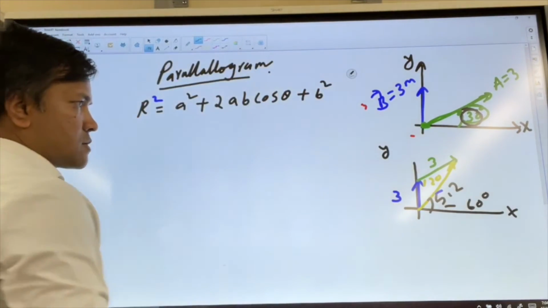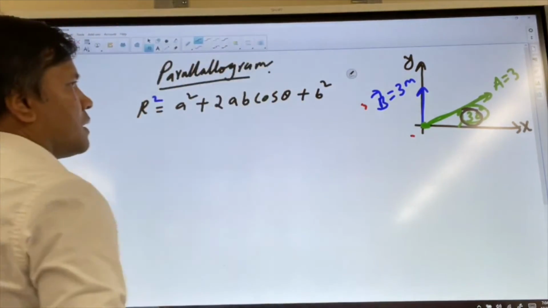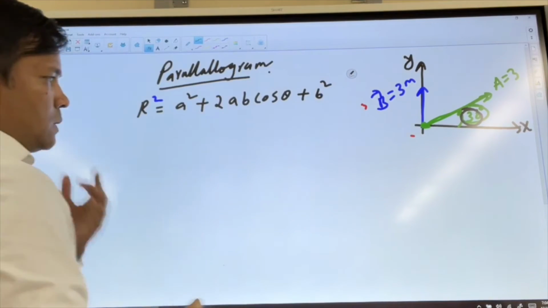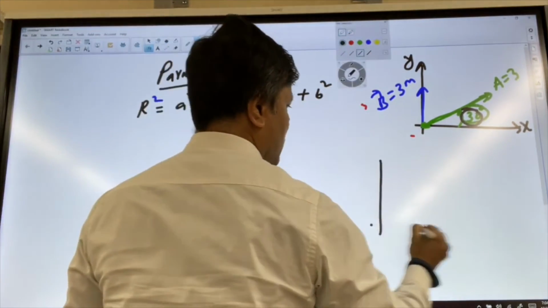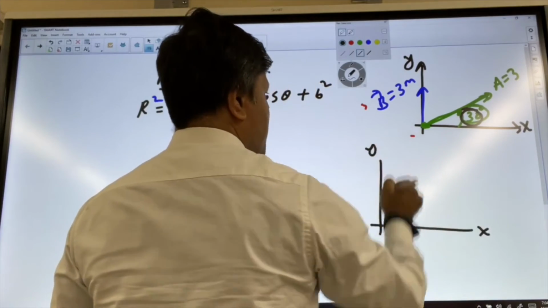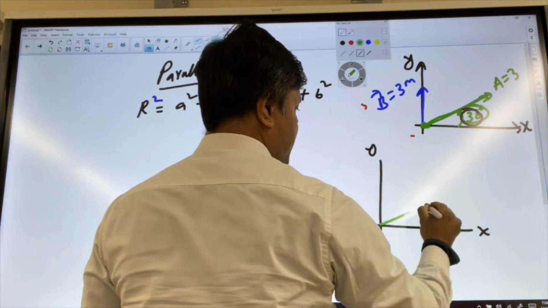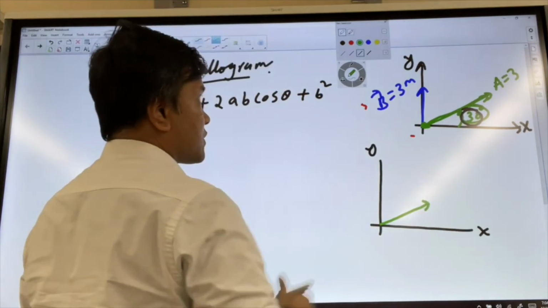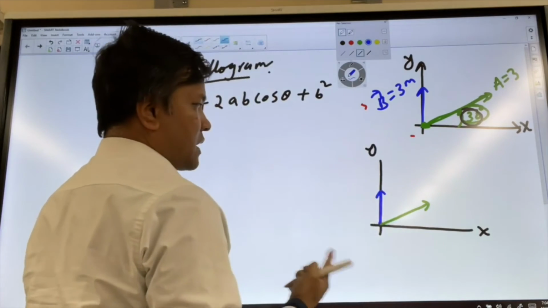Okay, so now let's use the parallelogram. First we're going to draw x and y. We're going to draw the vector a, and we're going to draw the vector b. Now we're going to draw the parallelogram.